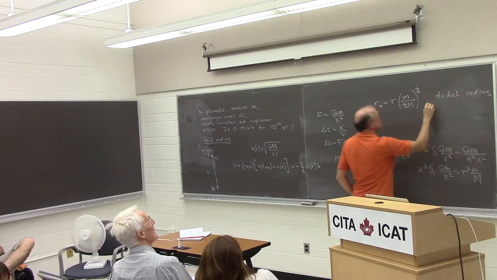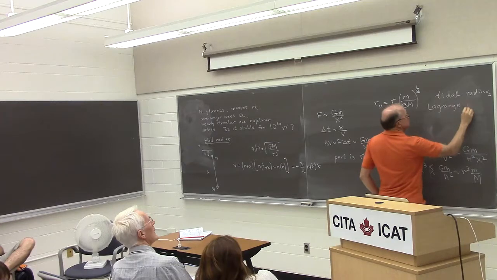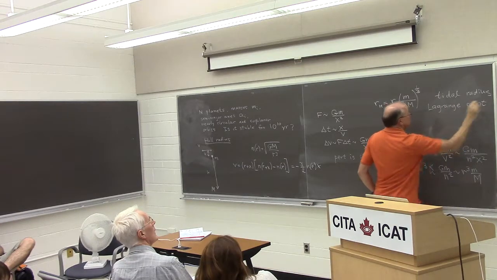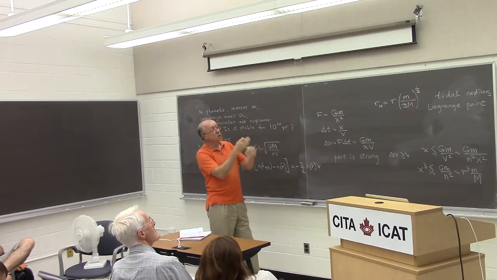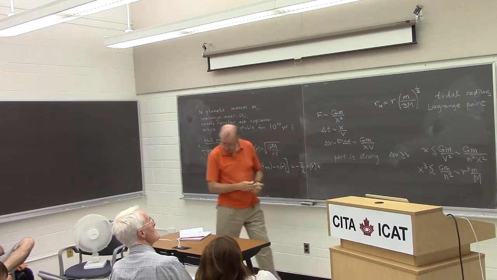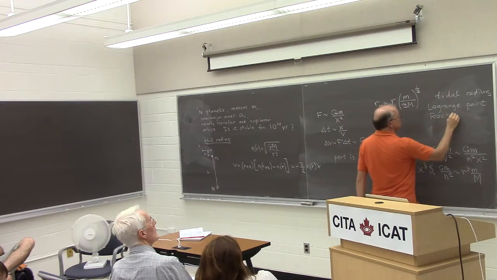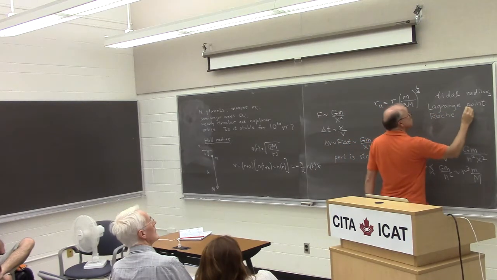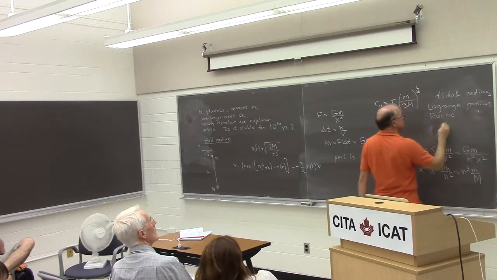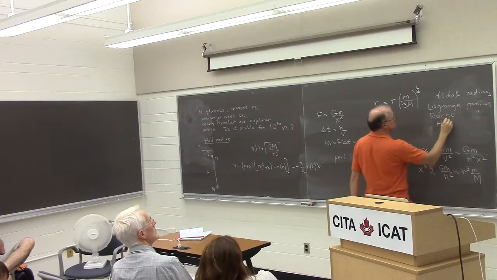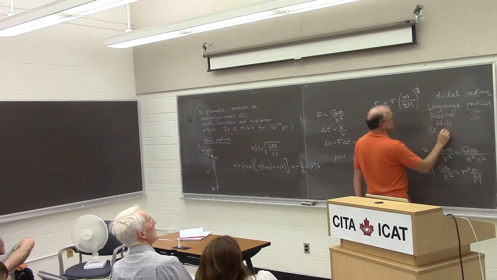So it could be called the tidal radius. It's sometimes called the Lagrange radius because it's the distance to the collinear Lagrange points for a small body orbiting a large one. It's sometimes called the Roche radius because it's closely related. It's sometimes called the Hill radius, and it's sometimes called the limiting radius.